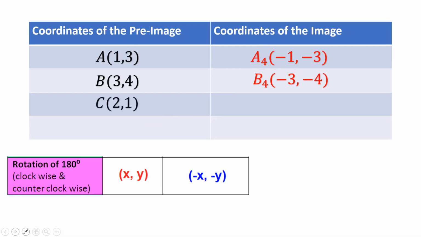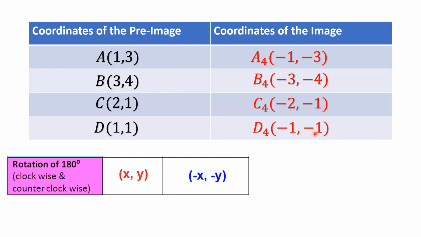Same thing for C, the coordinates are 2, 1, and then for the coordinates of the image, it's going to be negative 2, negative 1. Same thing for the coordinates of D. The coordinates of the pre-image are 1, 1, and the coordinates of the image are going to be negative 1 and negative 1.